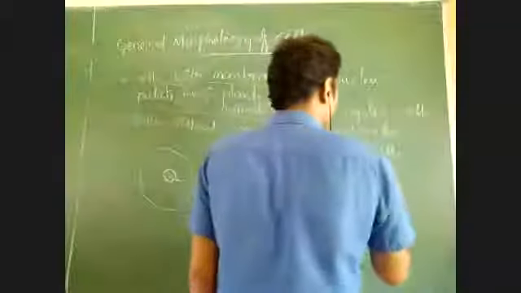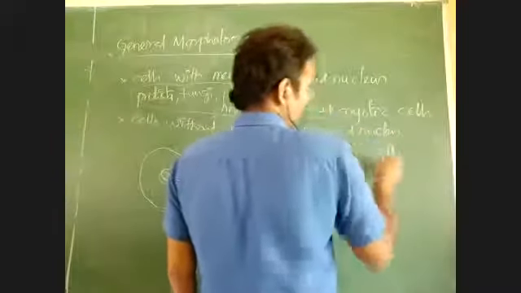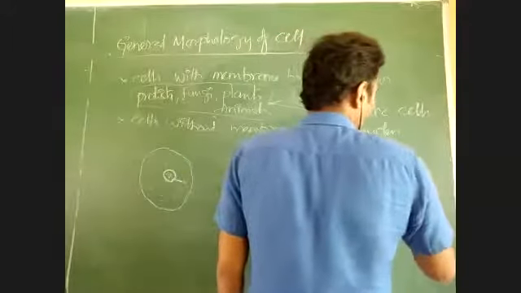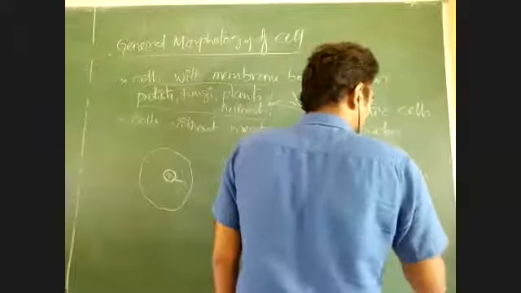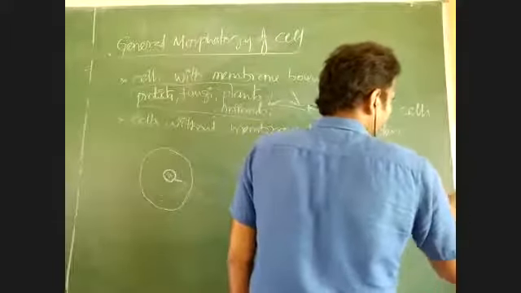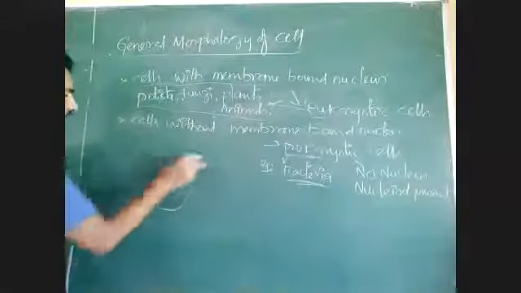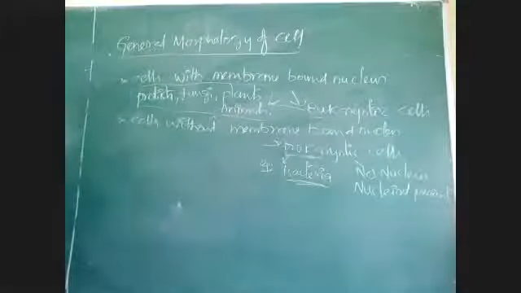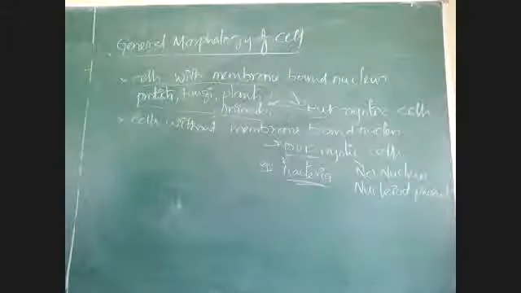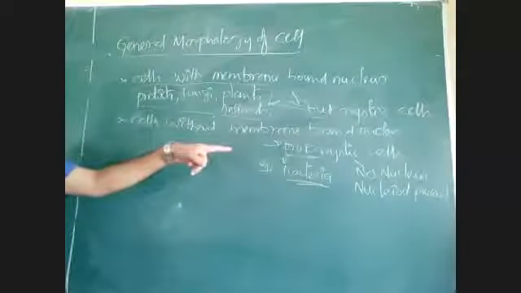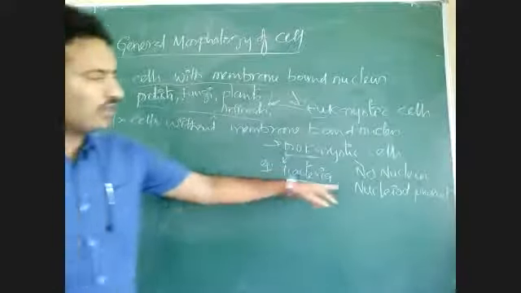So prokaryotic cells have no nucleus, but there is a nucleus-like structure. Nucleoid is present. Prokaryotic cells do not have a nucleus, but nucleic acids like DNA and RNA are present. There is an organelle called the nucleoid that carries DNA and RNA.